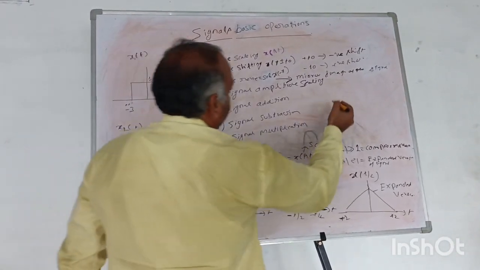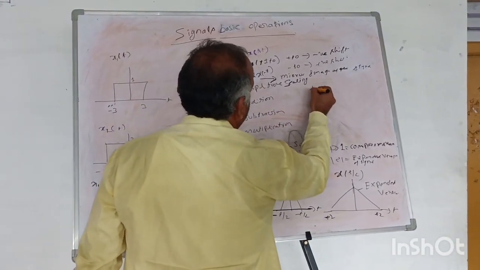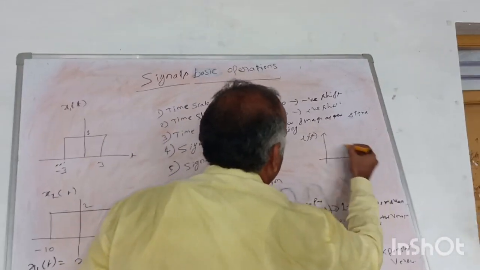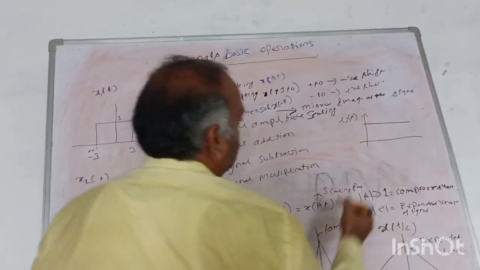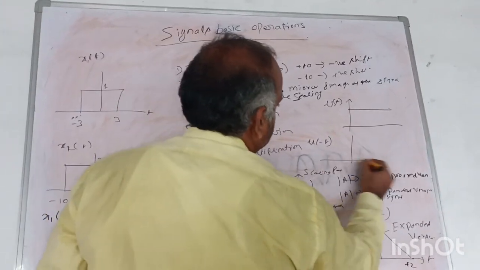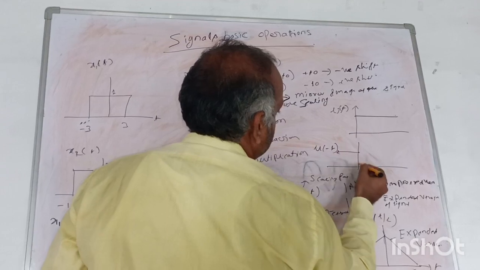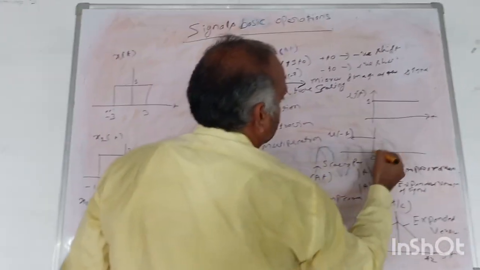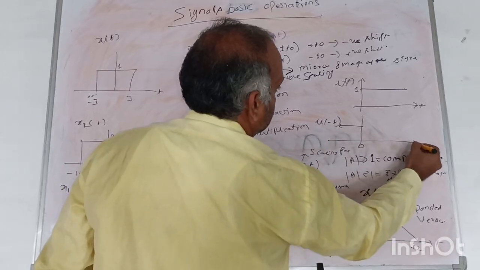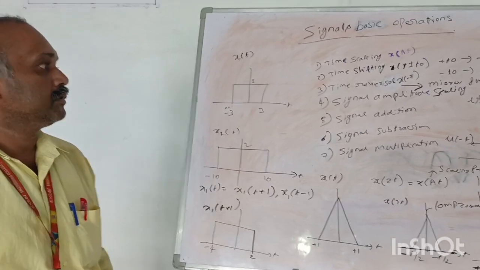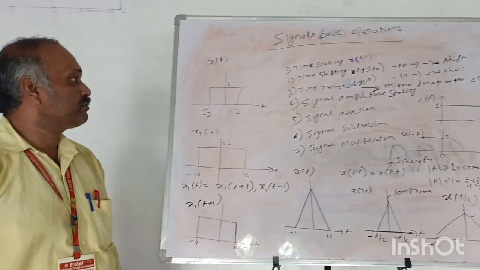For example, take the unit step signal u of t, a well-known elementary signal, and for that I want to draw u of minus t. So this is my u of minus t. Okay, the remaining operations we will see in the next class.